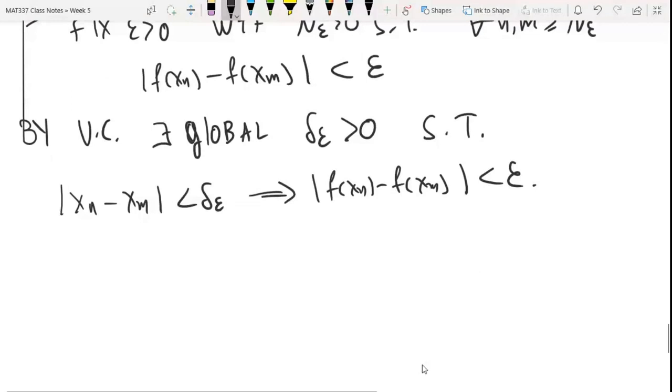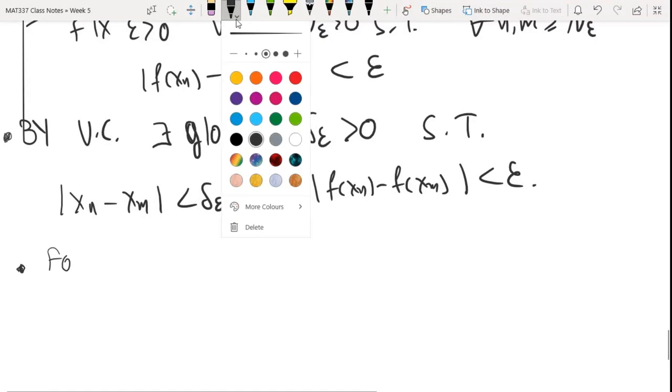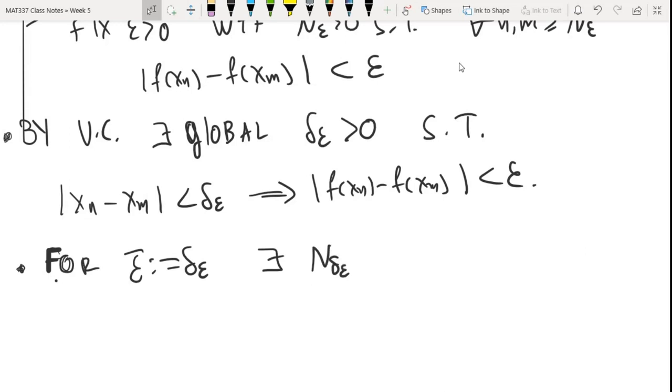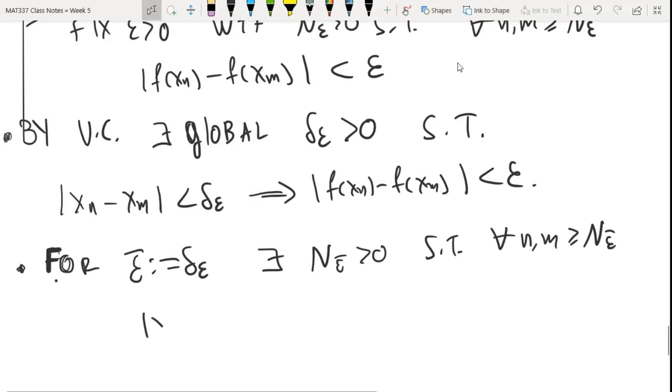So that's one fact. And then again, for epsilon bar equal to delta epsilon, there exists n delta epsilon, or n epsilon bar if you like, such that for all n, m bigger than n epsilon bar, xn minus xm is less than delta epsilon.